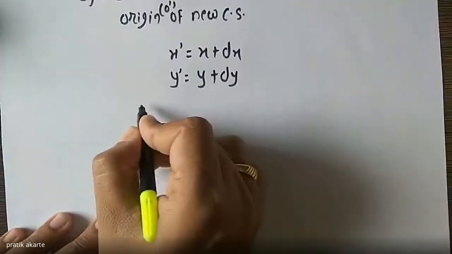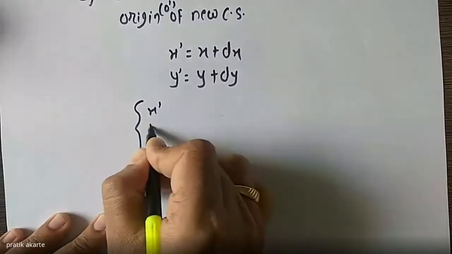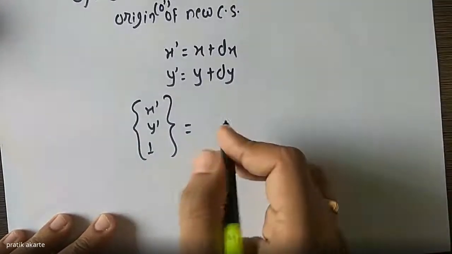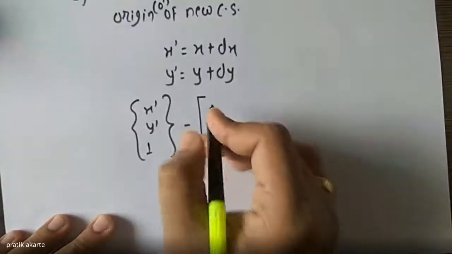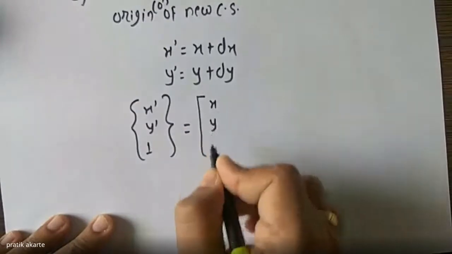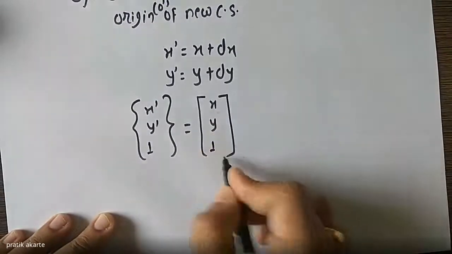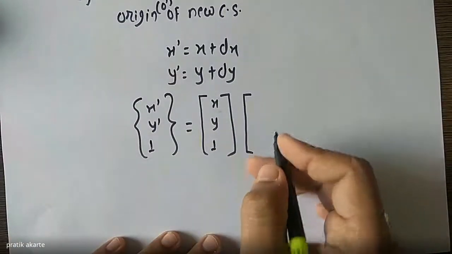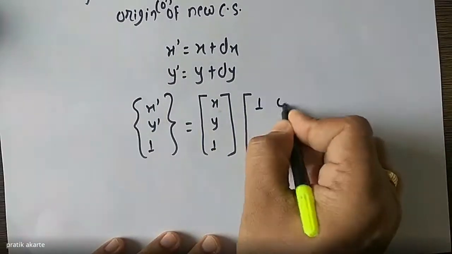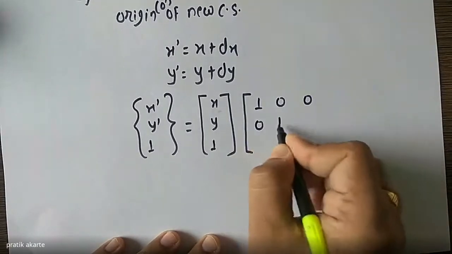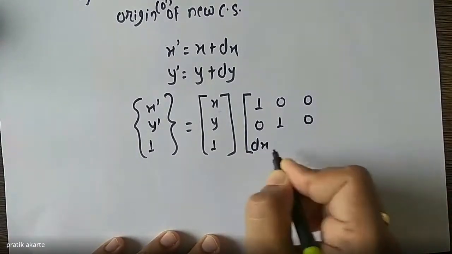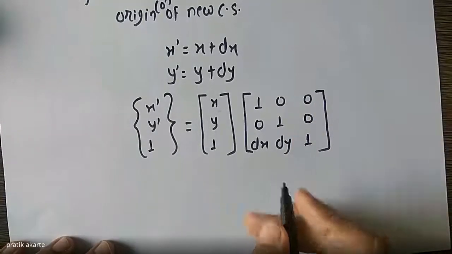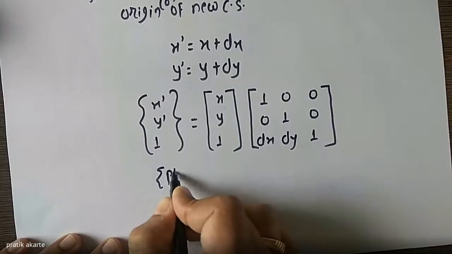Now the same can be written in matrix form in homogeneous coordinates as x dash, y dash, 1, and the original coordinates are x, y, 1, and the translational matrix is 1 0 0, 0 1 0, dx dy 1. Okay, so we can write it as P dash.